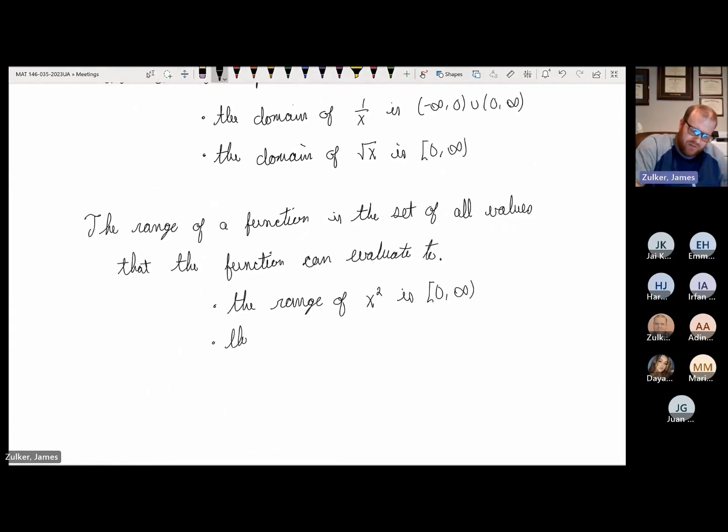As another example, if we look at the range of 1 over x, right, that'd be all real numbers except for 0. Right? 1 over x, you can never get 0 out of it, but you can get every other real number.